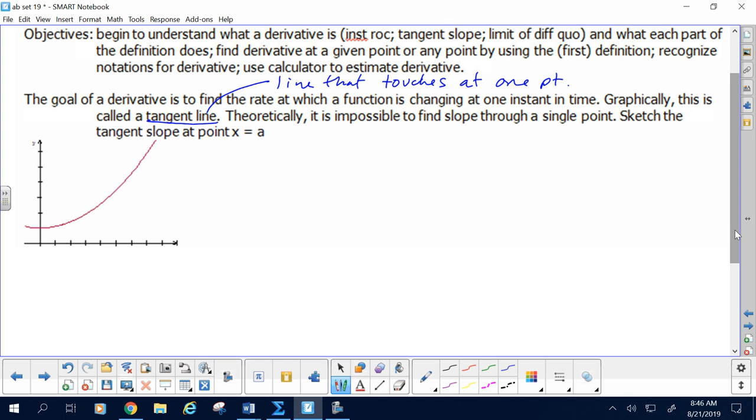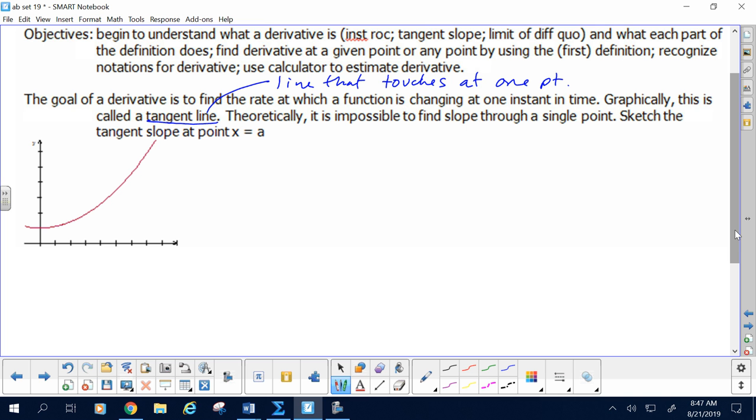Is there one slope through 1 point, or are there many? Okay, there are many. But the minute I put 2 points down, is that one slope? Oh yeah, there's only one way to draw a slope. Now, you can start to approach slope at a point if I take the 2 points closer and closer together. Well, then I can start to get slope at a point. That's the idea of the derivative.